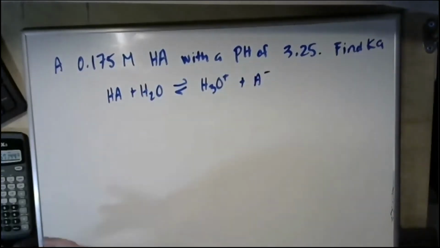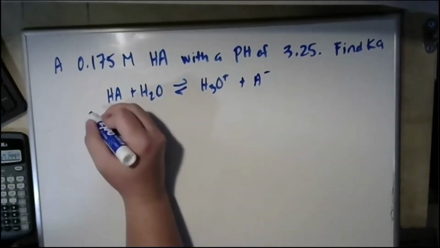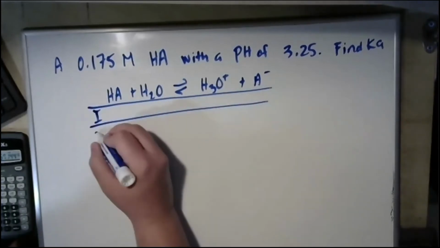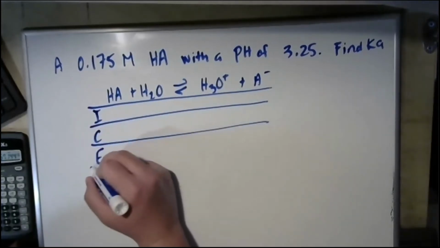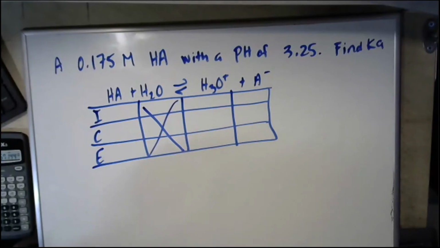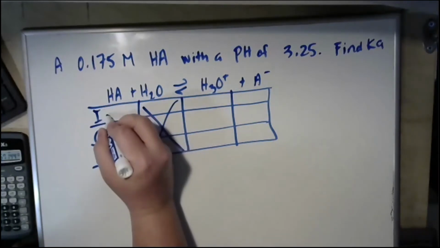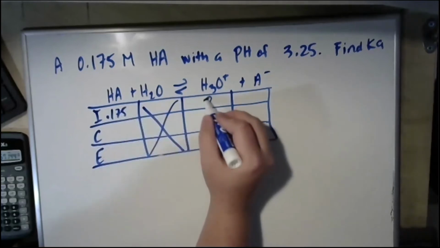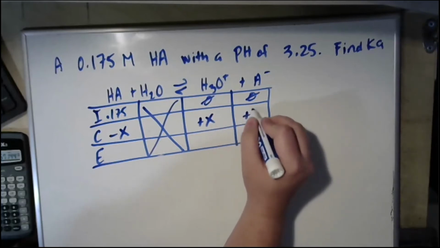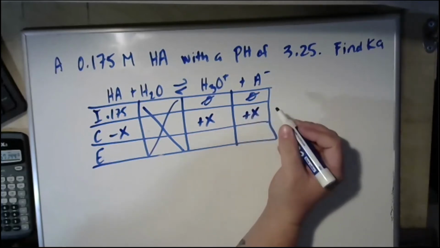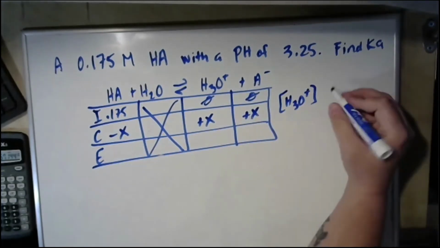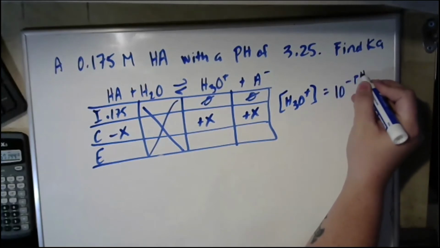It's not like when you're balancing the more complicated equations earlier in the textbook. Okay, we'll make up our ICE table. Our initial concentration here is going to be 0.175. This will be minus X. This will be plus X. This will be plus X. And they gave us the pH value so we can find our H3O plus concentration at equilibrium.